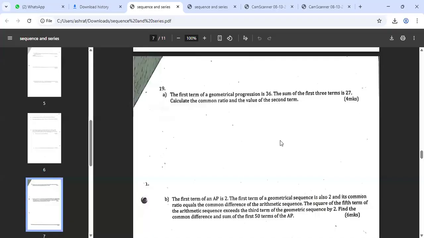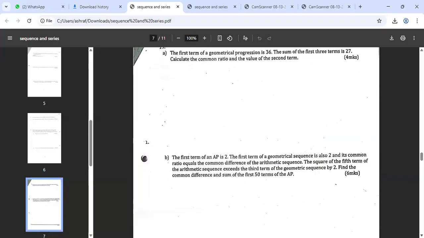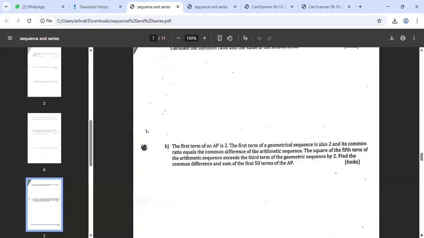Then part B of the question, we're given the first term of an AP is 2. And then the first term of a GP is also 2. And its common ratio equals the common difference of the AP.